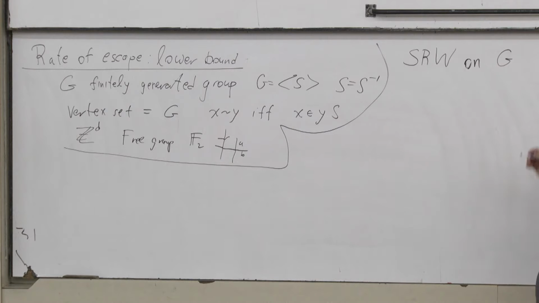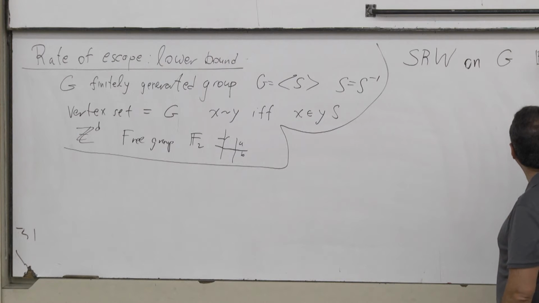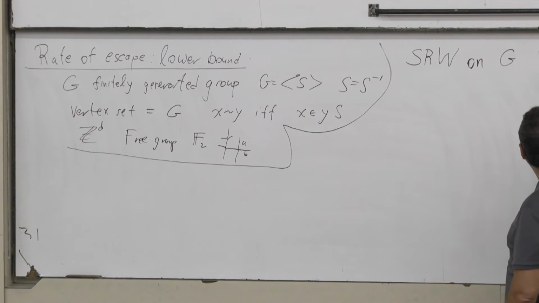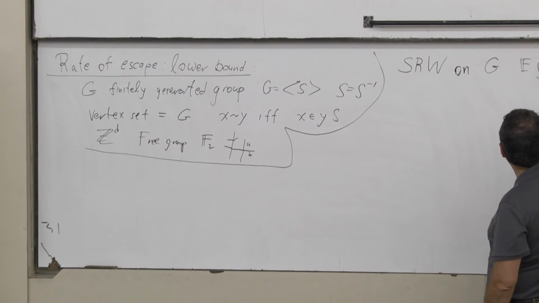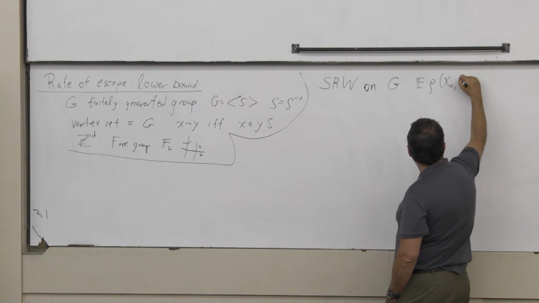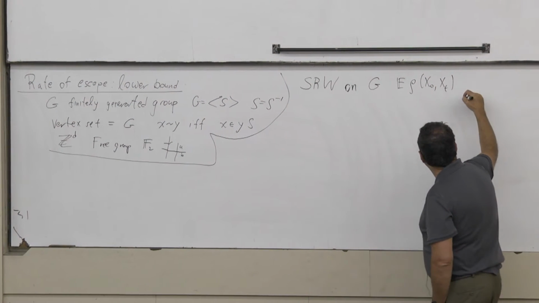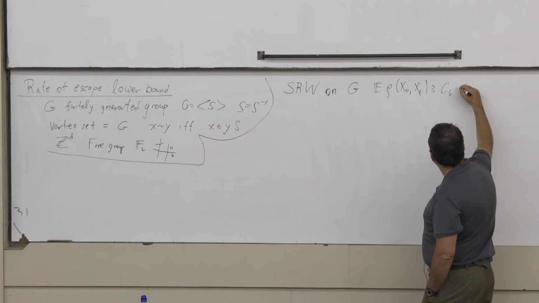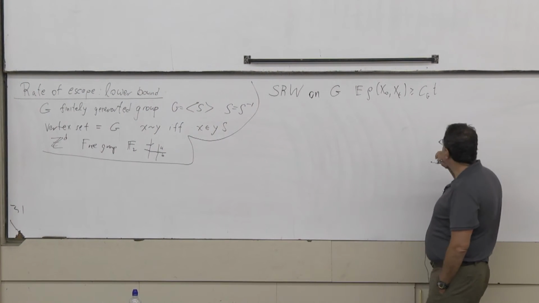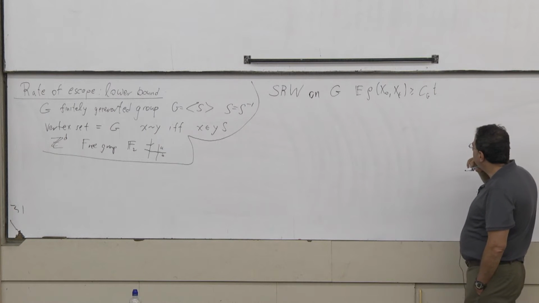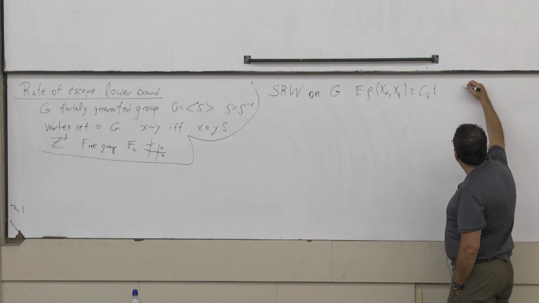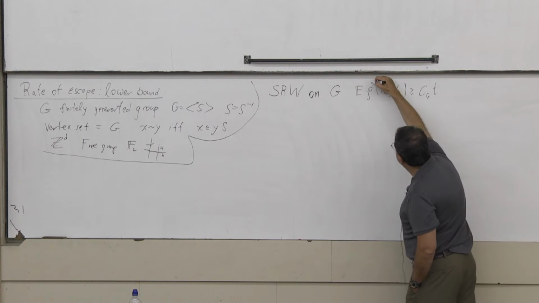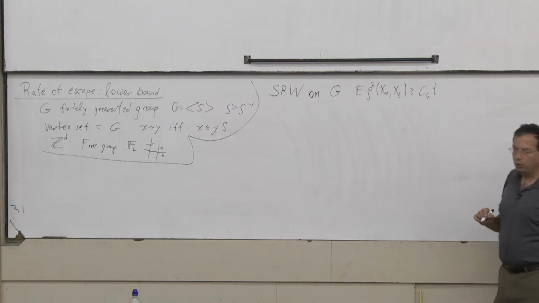And the basic type of theorem I want to show is this: the expected distance squared, where I'm going to use rho today for the distance between x_0 and x_t, is going to be bigger than some constant, I will be more precise, times t. And so we want to prove a statement that the distance squared is going to grow linearly.